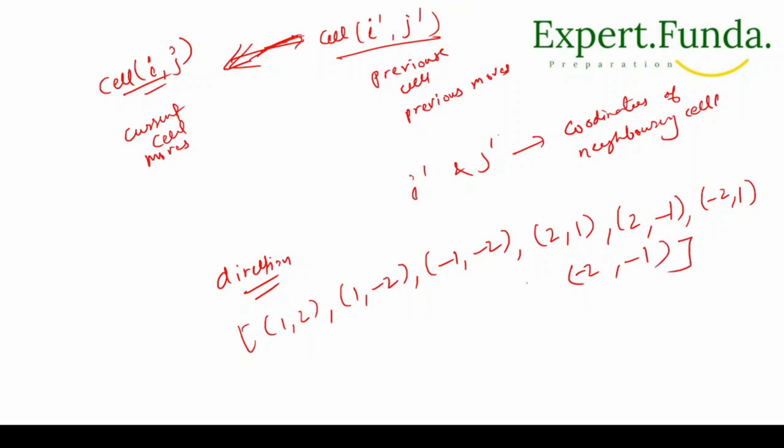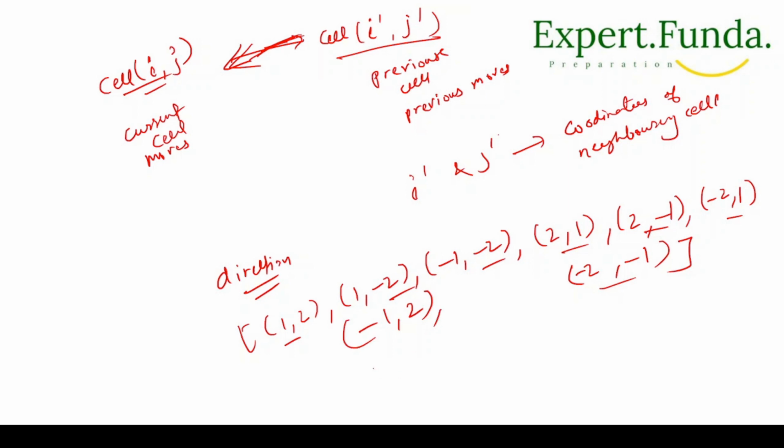Now count: 1, 2, 3, 4, 5, 6, 7. We have (1, 2), (1, -2), (-1, -2), and we can take one more here, (-1, 2), and one more, right?